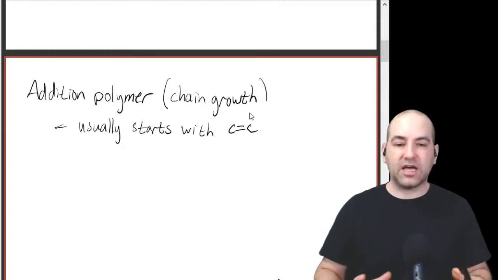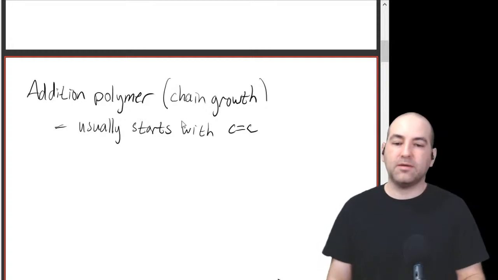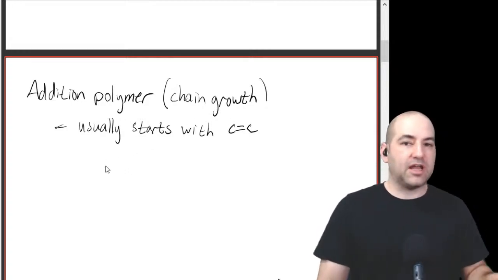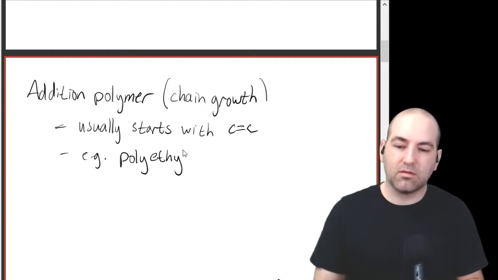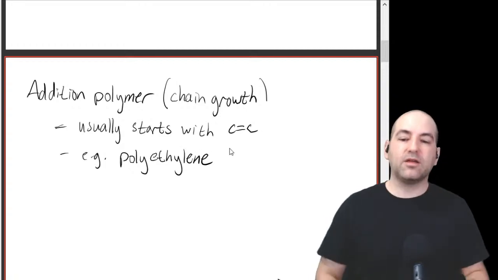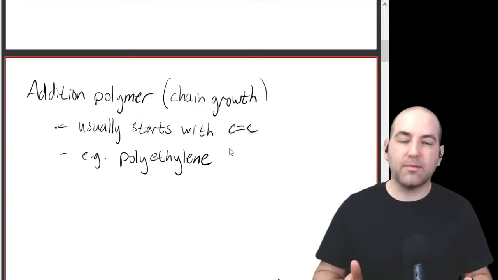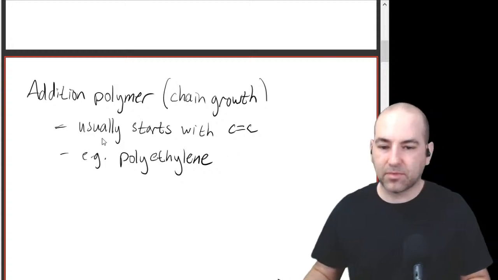And there could be other stuff attached. We're going to see some more examples, and you'll see what I mean. And then that thing just connects over and over again. So for example, polyethylene, we start with our 2 carbons, and we just connect them over and over again.